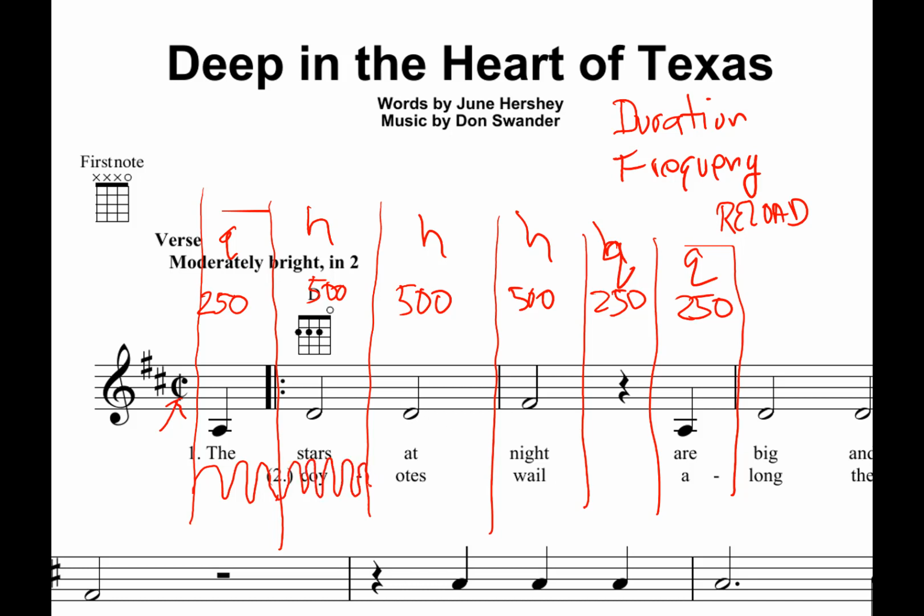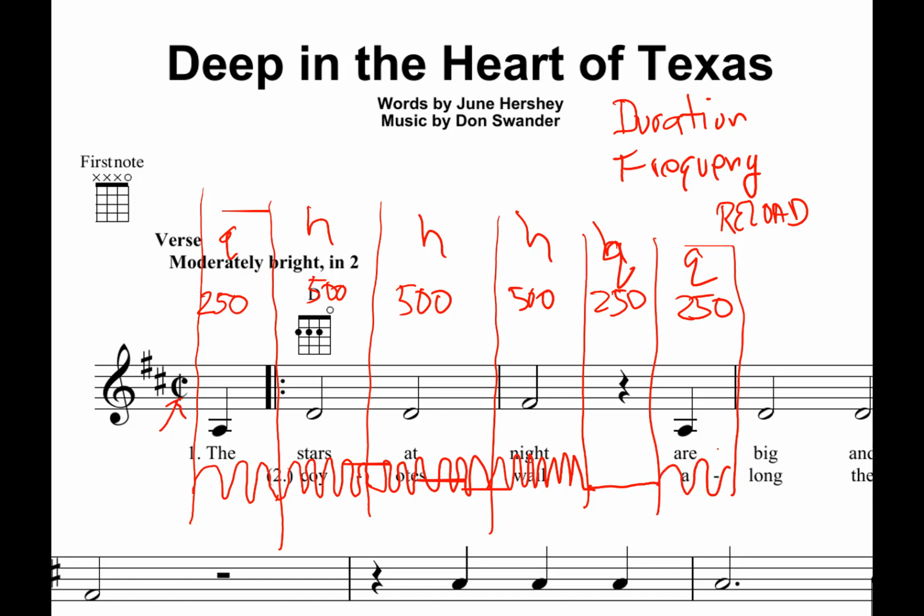Now we have a second D, which will have the same frequency as the other D. But this one is an F sharp, and it has a higher frequency than a D, so it will be a faster one. We see three different frequencies here, and the rest will be a straight line, and then we'll have another slow one.